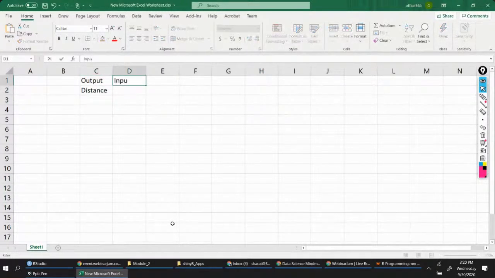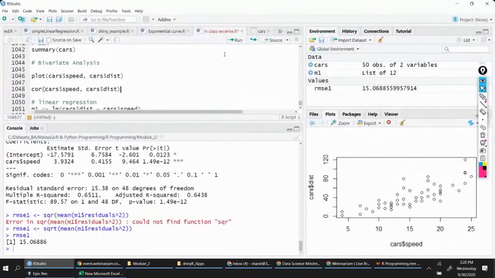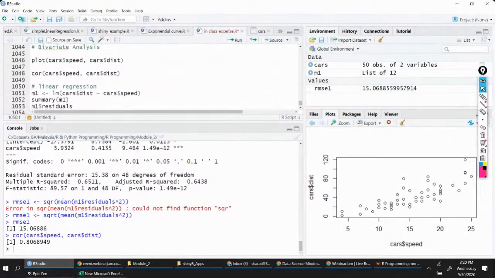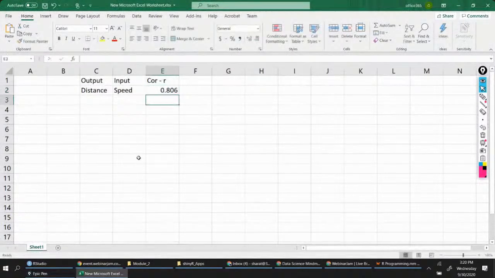What is the input using which we are trying to predict this? It is the speed of the vehicle. The data set is the cars data set, so we have input and output. What is the correlation between them? The correlation between them was calculated as 0.806.